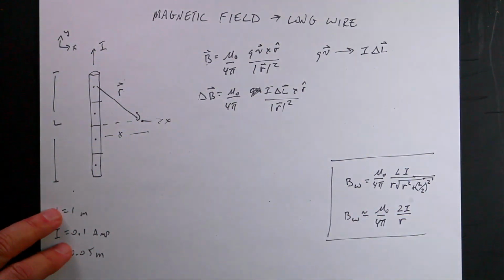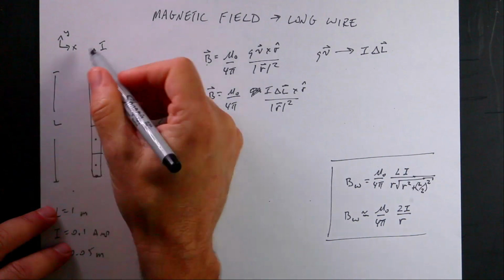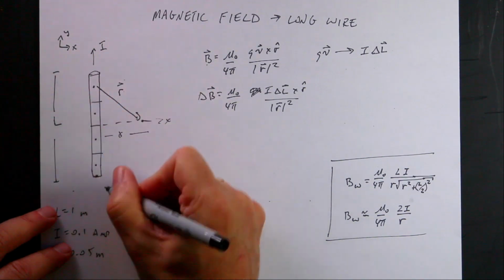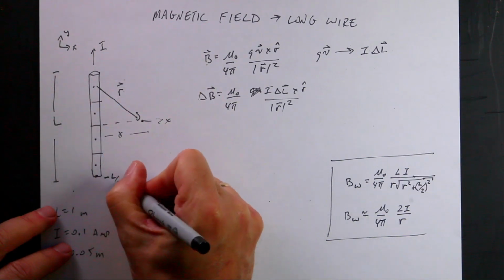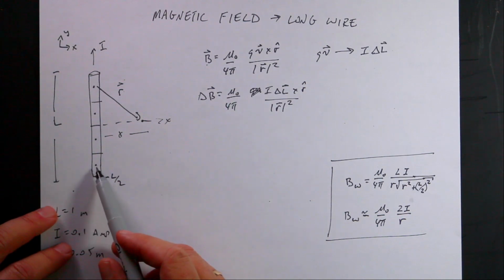So the first thing we need to do is to find the location of each of these pieces. So let's start down here. If this is a length of L, then this point right down here is negative L over 2. Now, where's that point right there? Because I need to shift up a little bit.